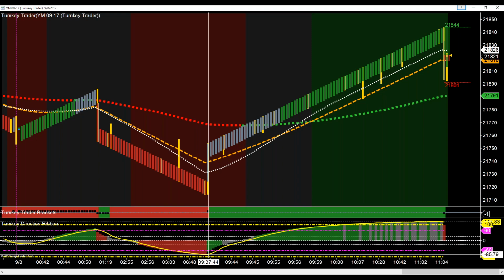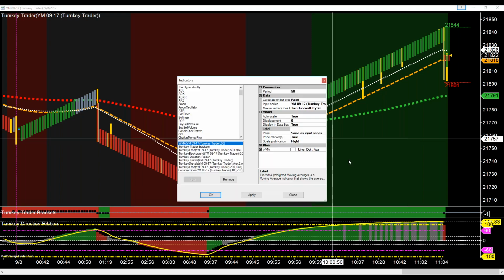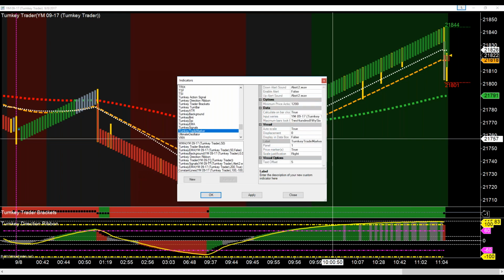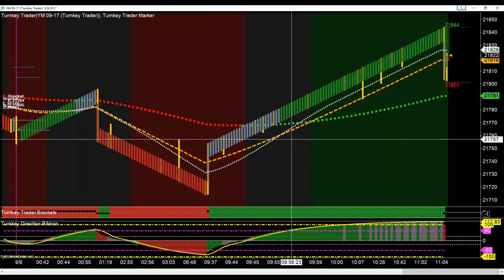Suzanne is asking, what is the difference between the gold bracket candle versus the one with the long gold tail? So if you have the trade marker activated, that is the indicator that will mark the trades.